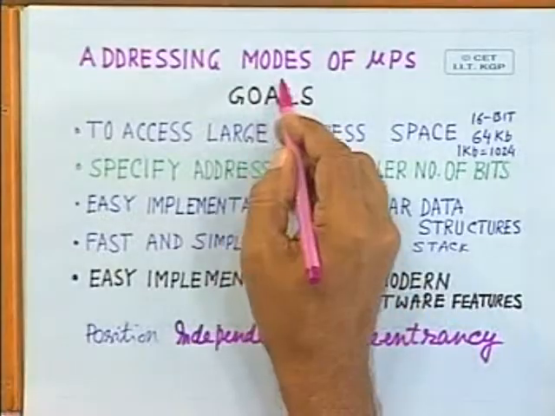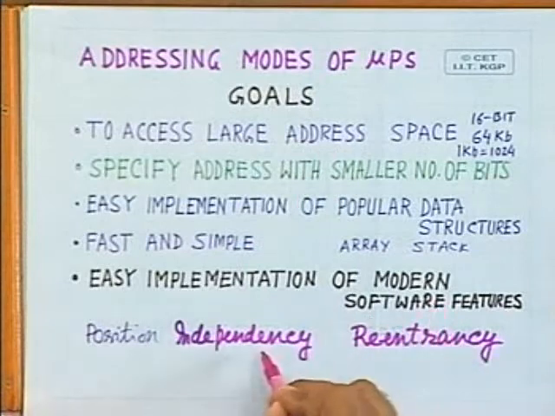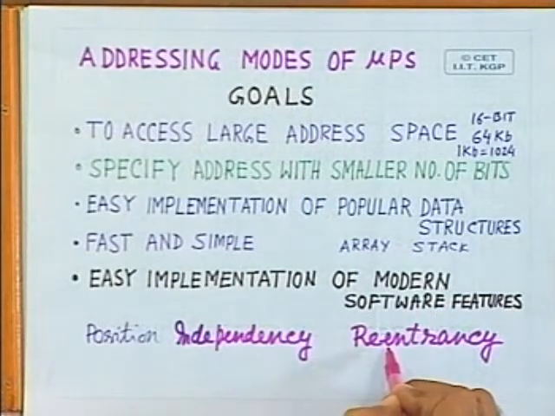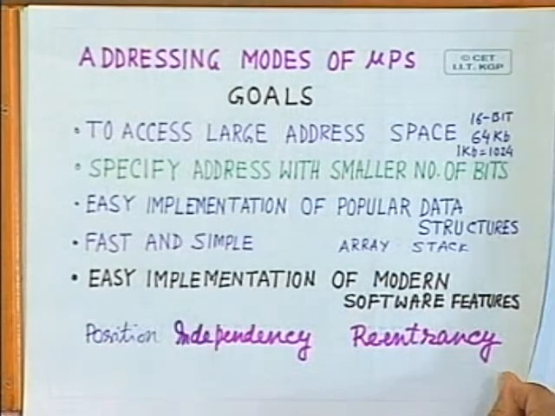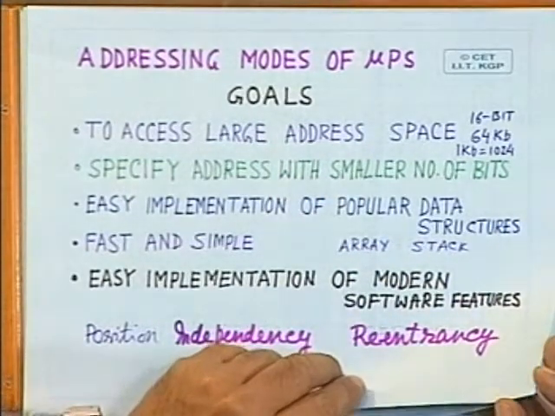So we shall see how addressing modes are provided to implement these features. These are the goals, and we shall discuss various addressing modes provided in microprocessors in general. Then later on we shall come to the addressing modes provided in 8085.